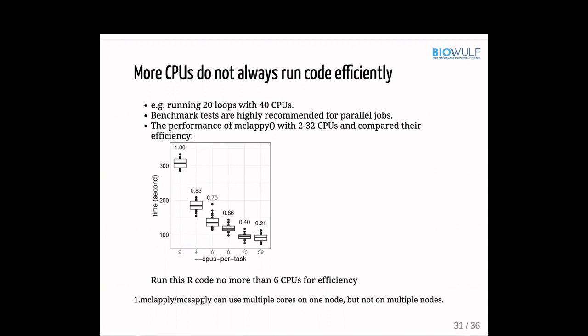So mclapply and mcmapply do not work on multiple nodes, but Rmpi works. I'm wondering if Biowulf supports Rmpi, a package for parallel computing. And I guess there is another package, something like Rslurm, also a kind of wrapper to run R code in parallel.